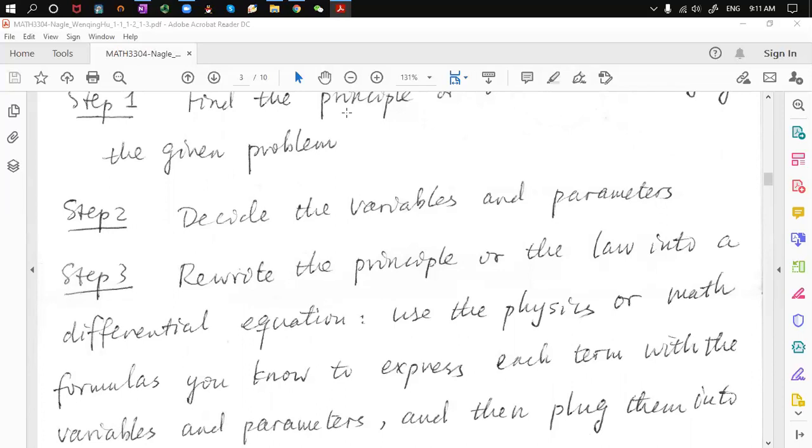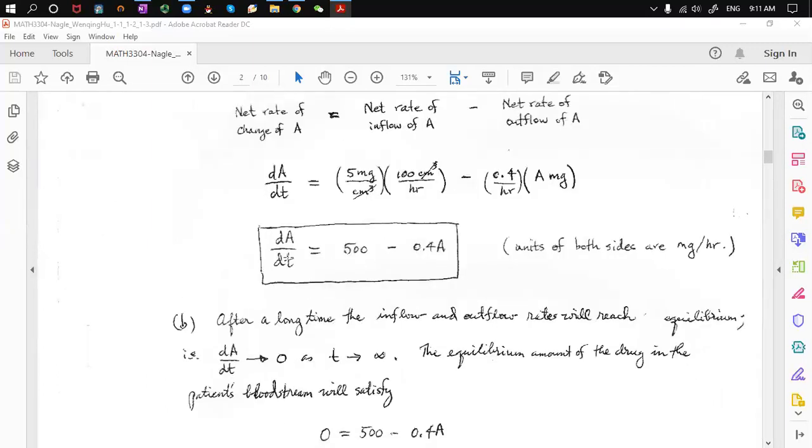By variable and parameter, it simply means which one is the function. The differential equation is always describing a function as a function of a variable, right? This function has a derivative which is involved in the differential equation, and you want to solve for this function as a function of a given variable.